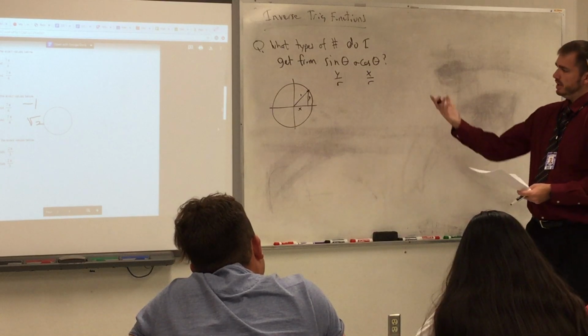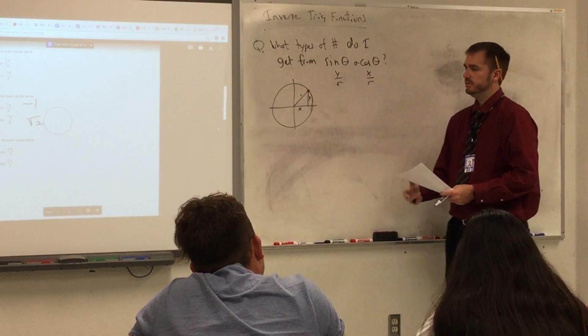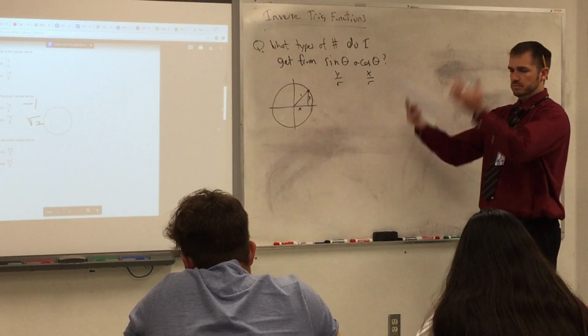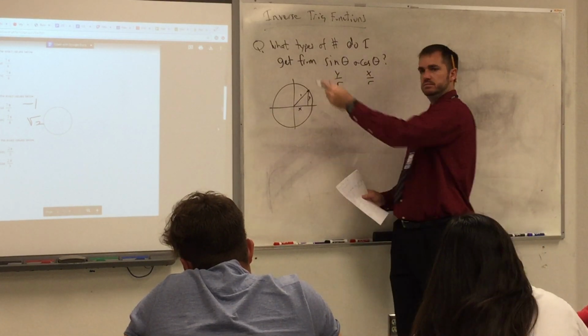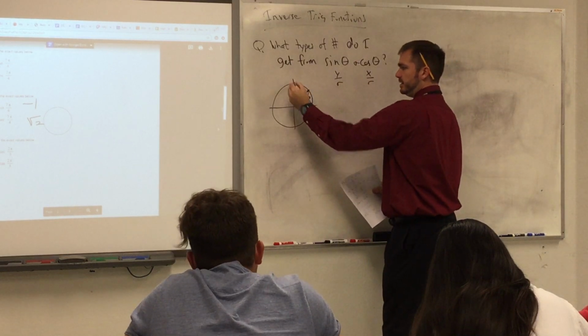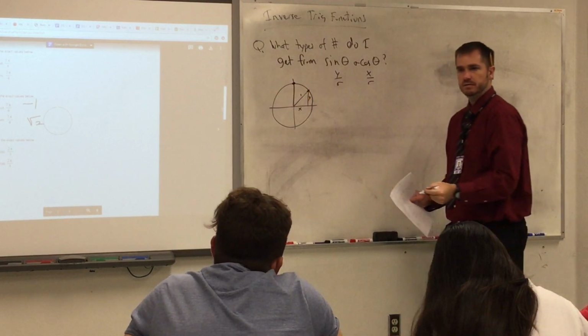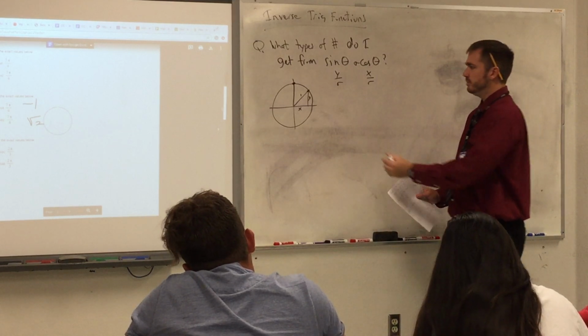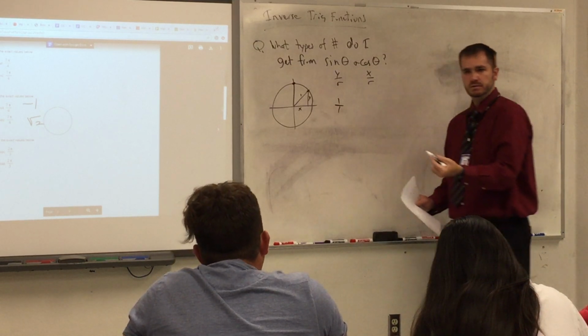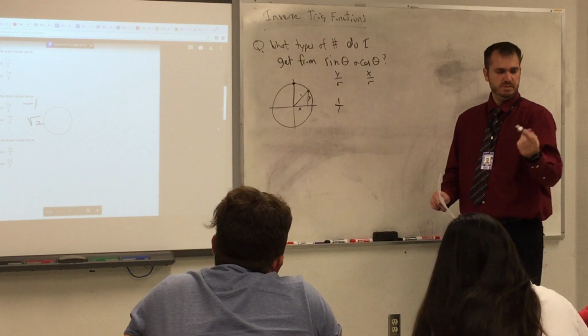What is the biggest possible y value that I could have? What's the biggest y value I could have if I'm going around that unit circle? 1. The biggest y value is up there when I'm at 1, right? So the biggest ratio that I would have would be 1 over 1. Does that make sense?